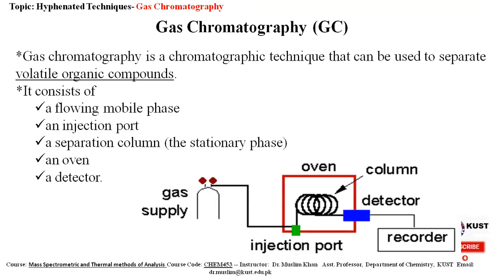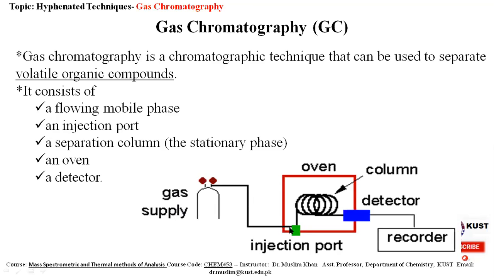This is the flow chart of a gas chromatographic system. Here you can see this is a cylinder having the mobile phase. So this mobile phase is flowing through the system from this gas supply system.